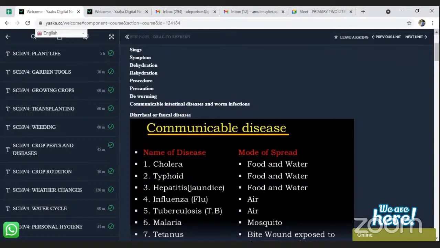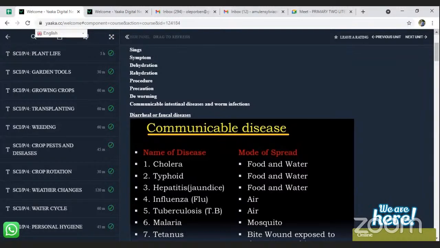That is precaution. Deworming, communicable, intestinal diseases, and worm infection. Good.